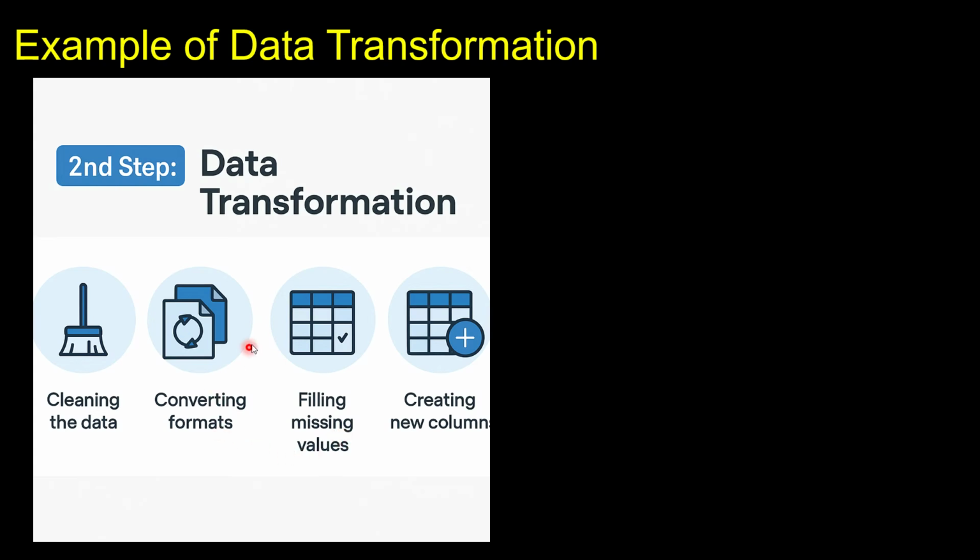In the data transformation step, we normally clean the data by fixing spelling mistakes or removing duplicate rows. Make sure things like dates, prices, and numbers are written in the same format so everything is consistent and easy to work with.